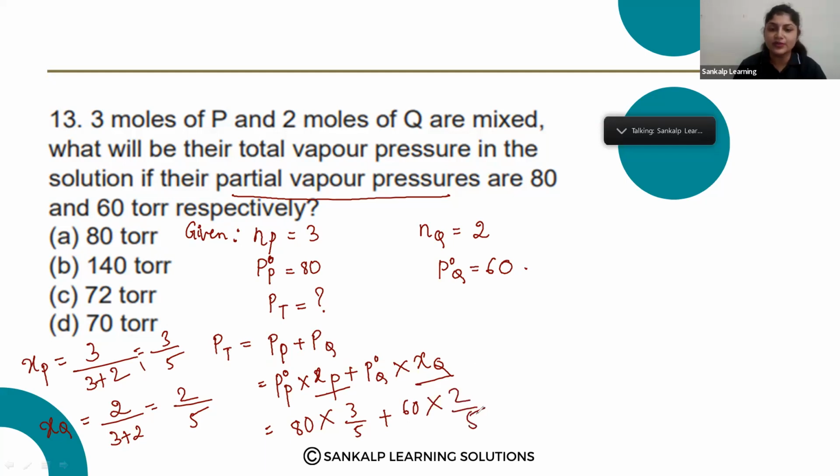Now further simplify this. 5 ones are, this will be 16, into 3 will be 48, plus 12 twos are 24. So 48 plus 24 gives 72 torr.